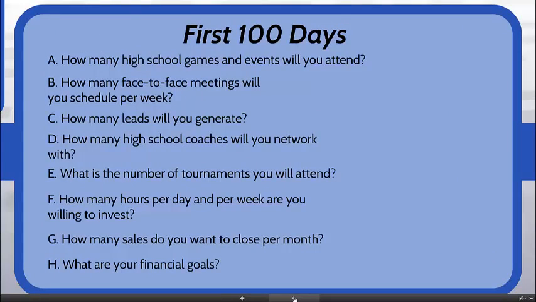So for example, A, how many high school games and events will you attend? B, how many face-to-face meetings will you schedule per week? C, how many leads will you generate? D, how many high school coaches will you network with?